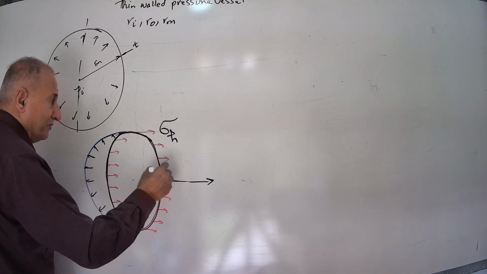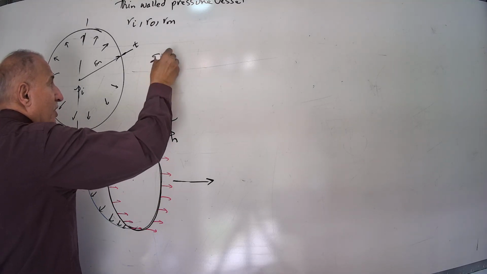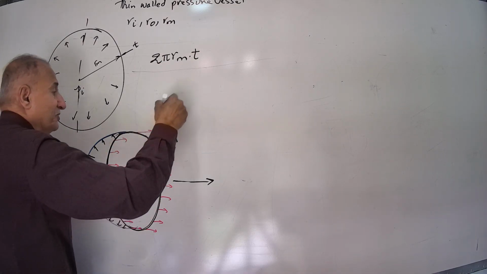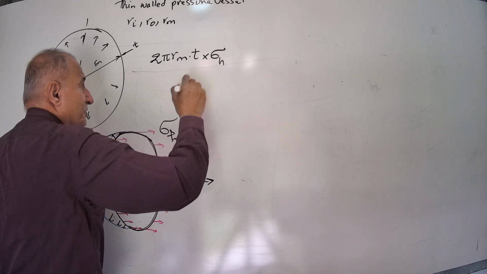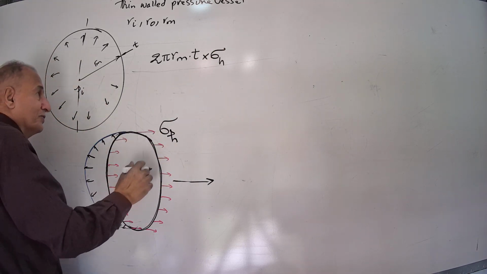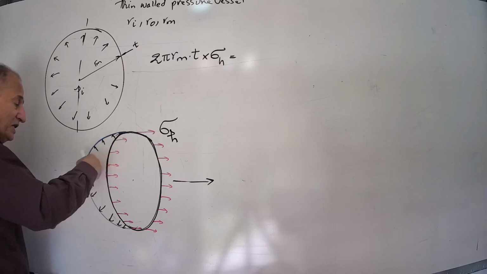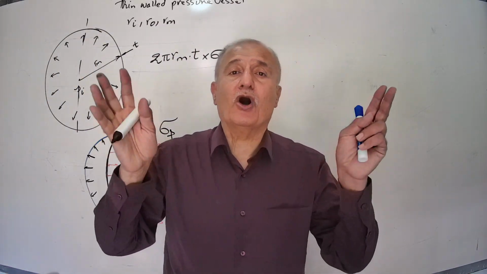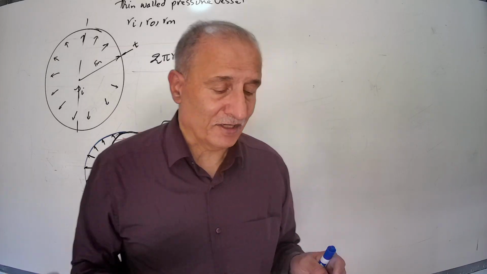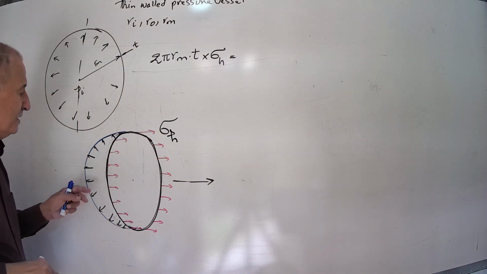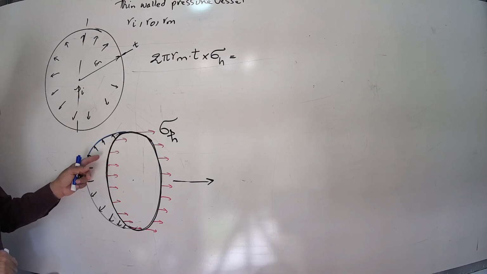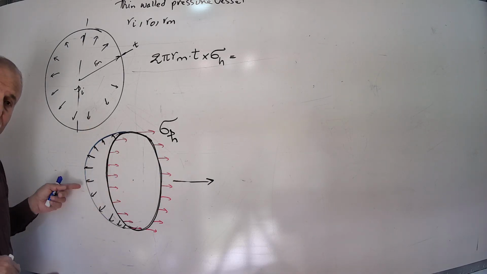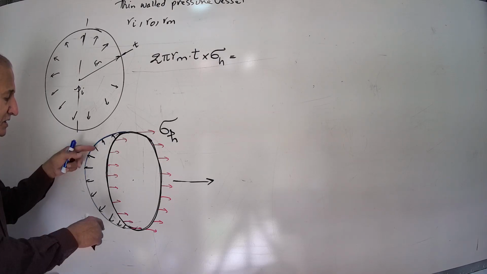Then the length is equal to 2 pi Rm, times thickness is the area of the cut edge, times sigma h is the internal force. It must be equal to the external force, which is due to internal pressure. Internal pressure acts in all directions, and all directions except the longitudinal direction neutralize each other.